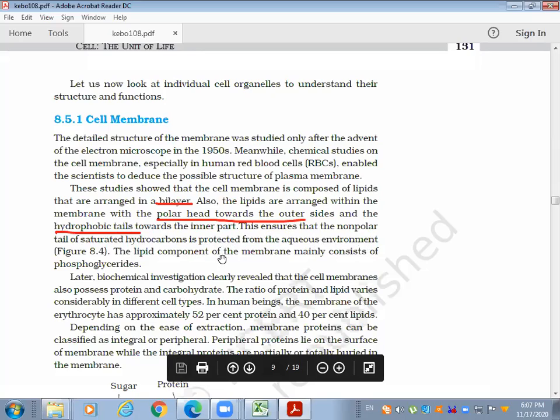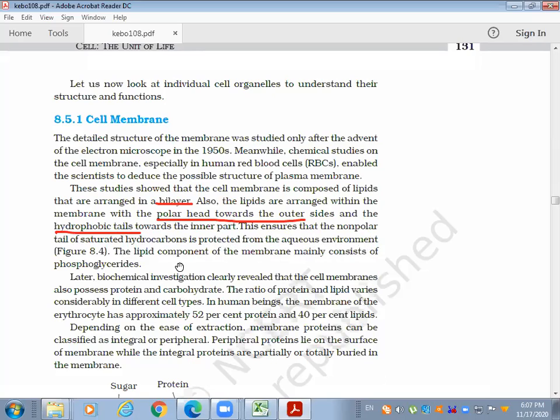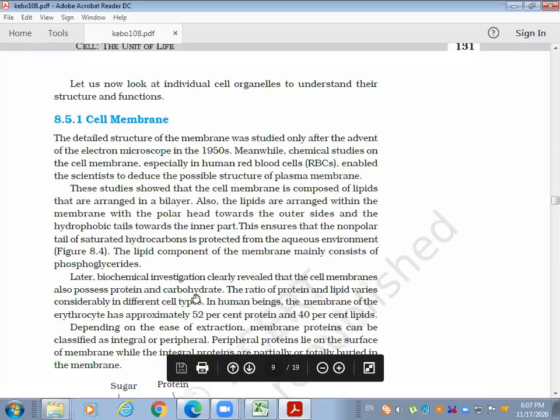The lipid component of the membrane mainly consists of phosphoglycerides. Later, biochemical investigation clearly revealed that the cell membrane also possesses protein and carbohydrate.